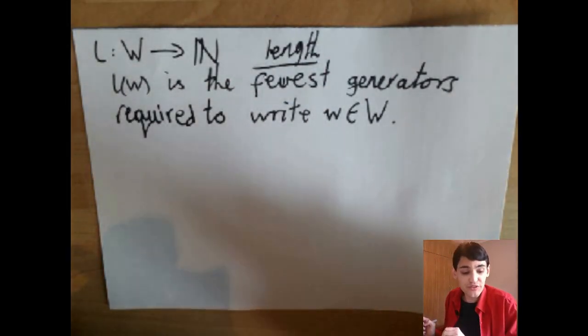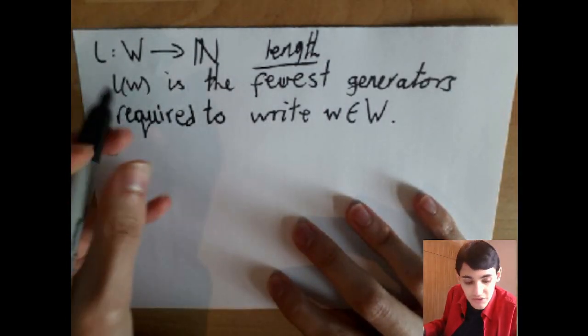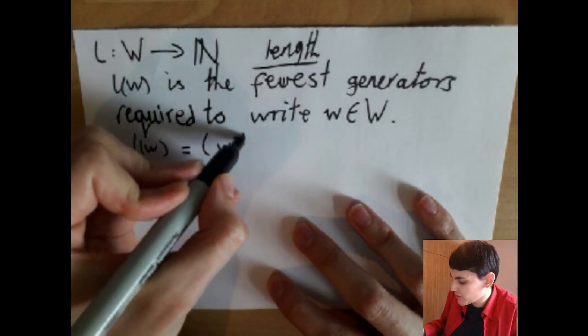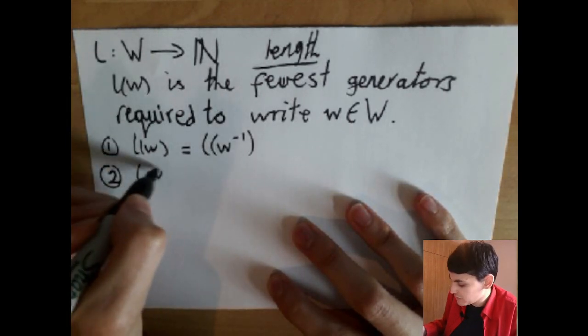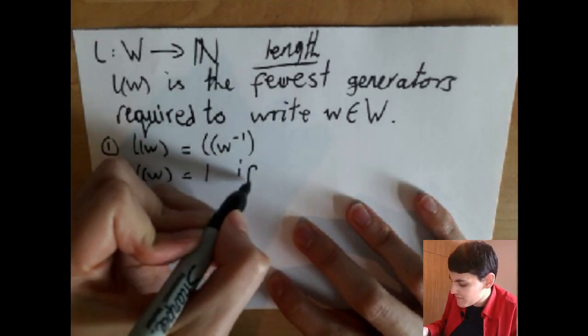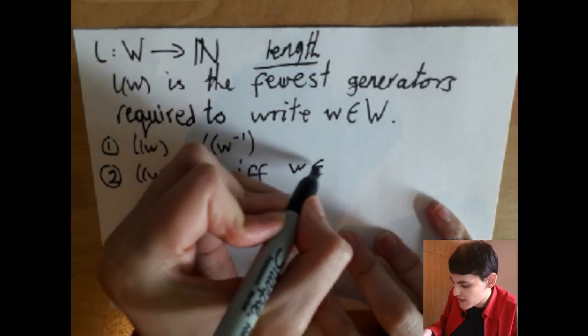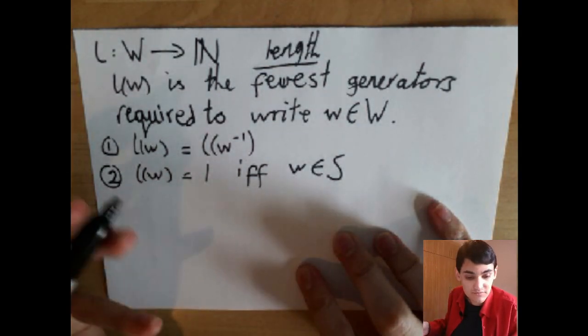Some interesting properties of the length function include: one, the length of W is equal to the length of W inverse. Two, the length of W is 1 if and only if W is in S, so basically W is a generator.